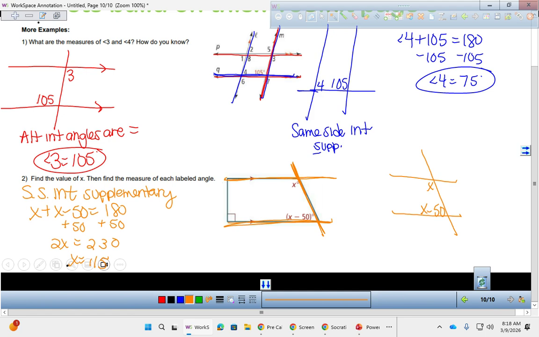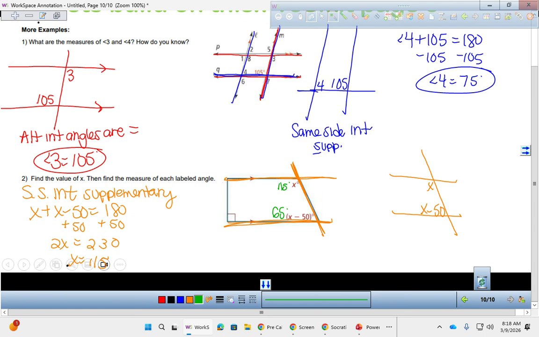And then it says find the measure of each angle. So if x equals 115, then this angle right here is 115. So what does this angle have to be if they're supplementary? What would the measure of that have to be? 65, right? Together they have to equal 180. Or you can just do 115 minus 50 to get the 65.